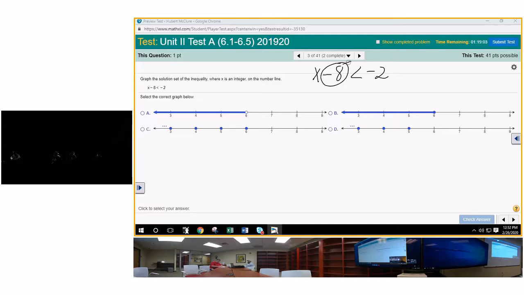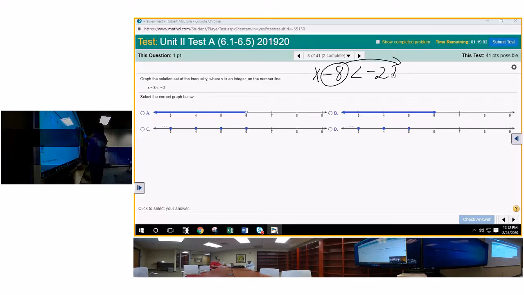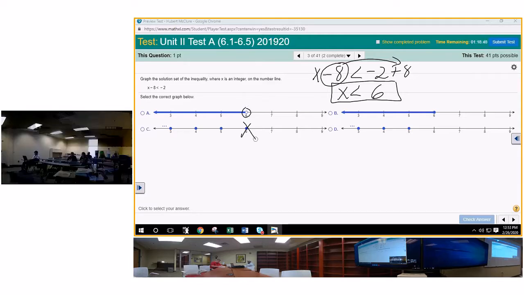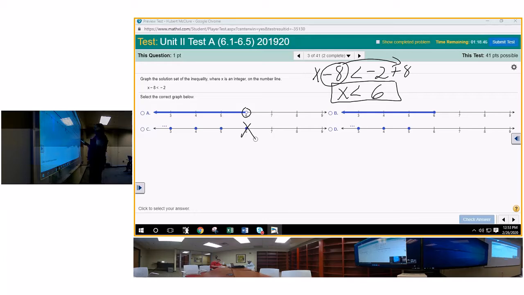I was wanting interaction. Thank you very much. Settle down, Pendleton. x is less than what? 6. So I'm going to put an open circle on 6. So it can't be that one. And an open circle on 6, there's no other open circle. So what does that mean?